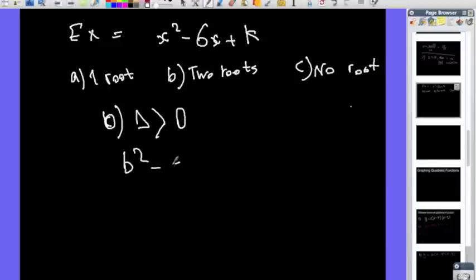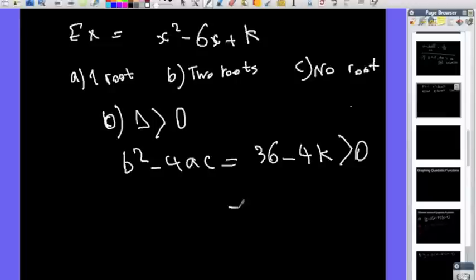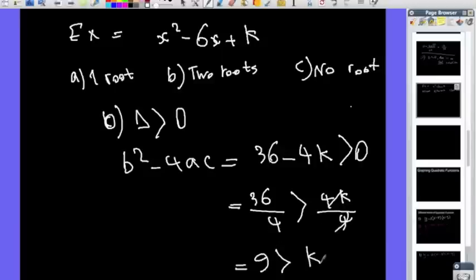So b squared minus 4ac equals 36 minus 4k is greater than 0. So 36 by 4 is greater than 4k by 4. So 9 is greater than k. Can you see this? Yeah.